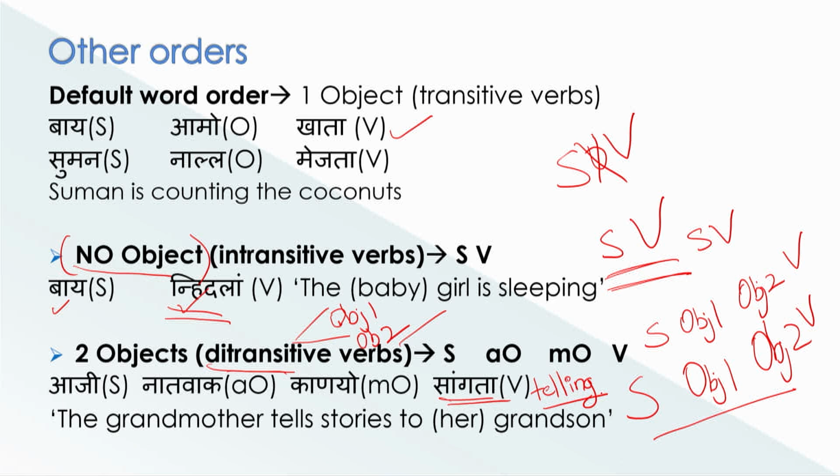The main object of this sentence is stories, therefore it appears next to the verb. The verb is telling, so the main object of the sentence is stories, or kaniyo. Whom is she telling? To her grandson. So the second or the helping object is natwak, or grandson.